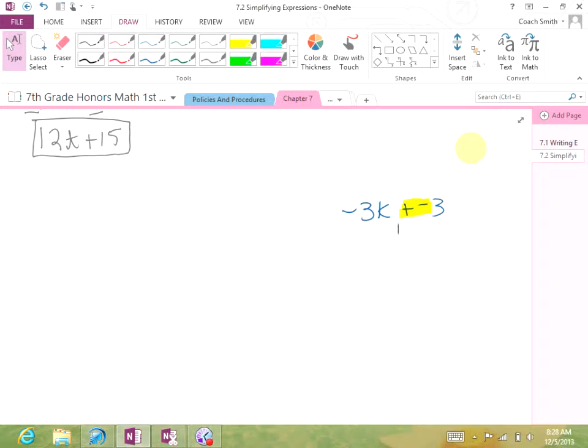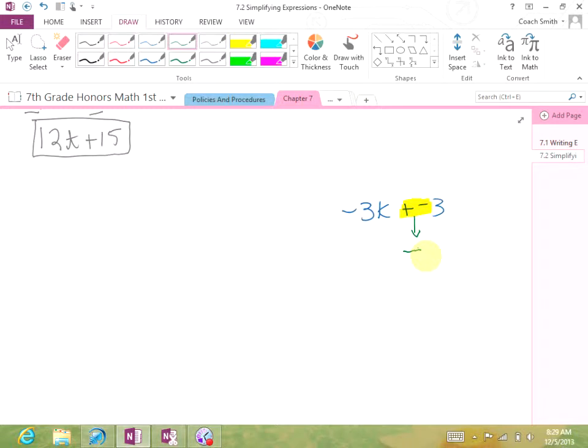Okay? Any time in your final answer that you have plus a negative, okay, that needs to change to a minus sign if it's the last thing in your answer. Okay?